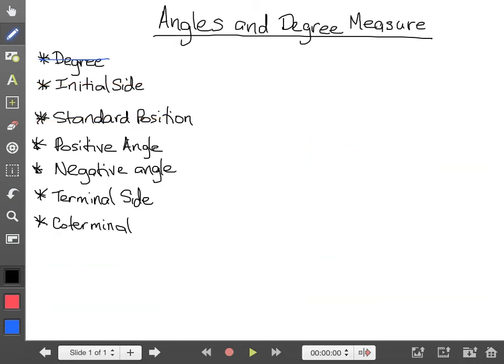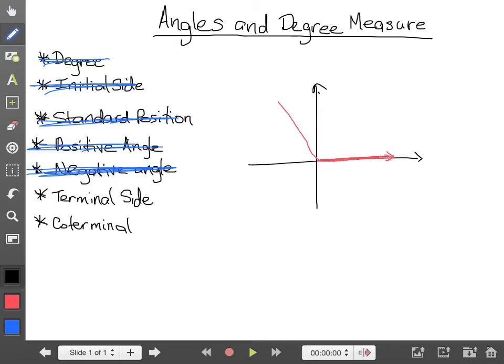So we've looked at degree, initial side, standard position, and positive and negative angles. We also actually have looked at the terminal side, but we just didn't name it before. So let's put this coordinate plane back into position. And here is our initial side. It's in standard position because it's in line with our x-axis. And we just looked at that angle here, which was 110 degrees.